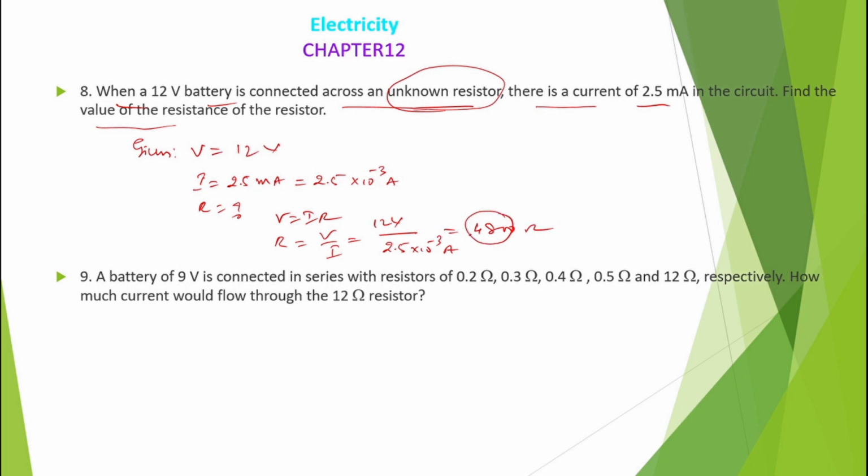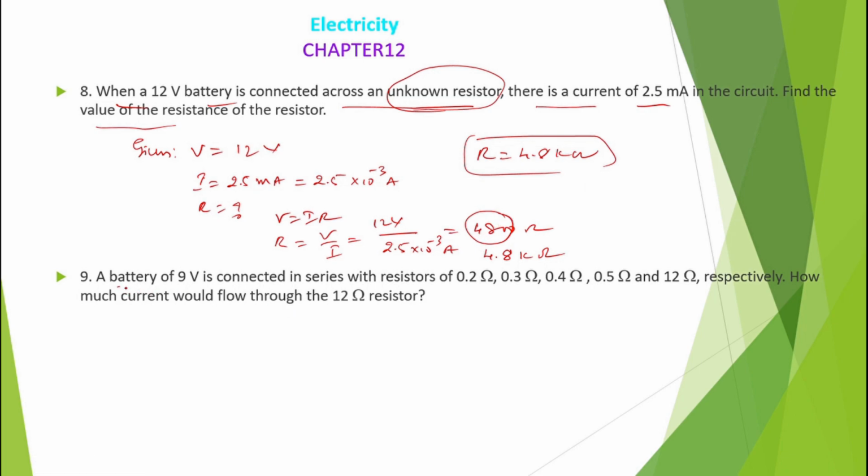This is a big number, so that's why you make it to kilo ohm. So for that you have to make 4.8 kilo ohm. That's all. So R is equal to 4.8 kilo ohm. So we got the answer.